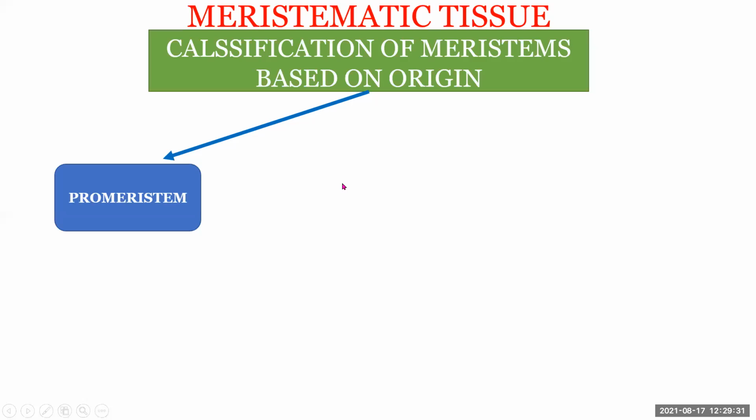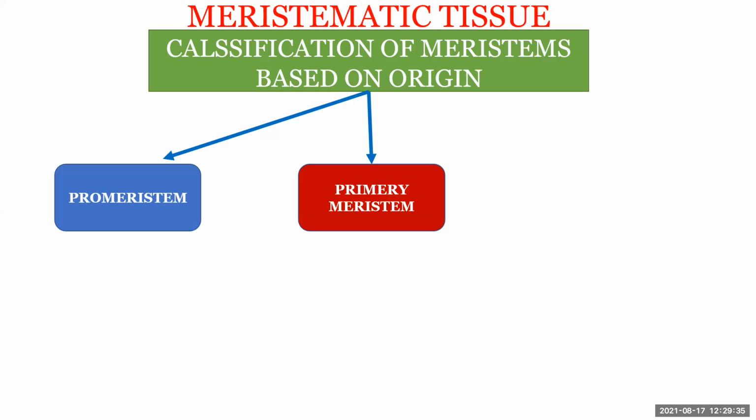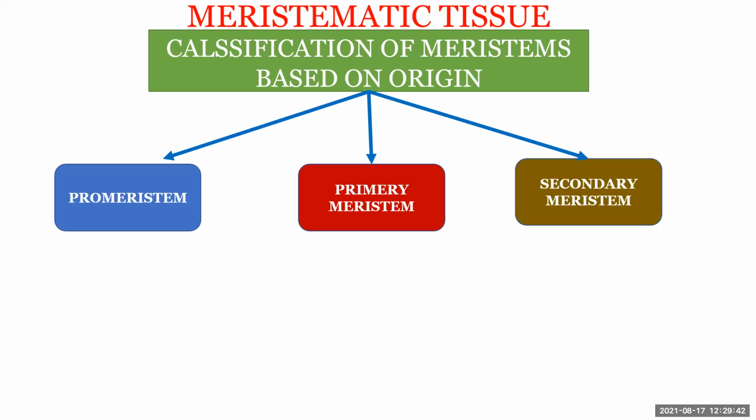So let us move to the first criterion, that is based on the development or origin of meristem. On the basis of origin, meristem has been classified into three types. First one is the promeristem, second one is the primary meristem, third one is the secondary meristem.